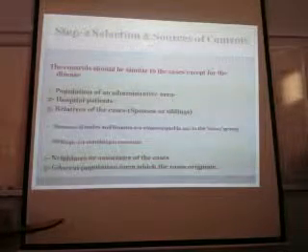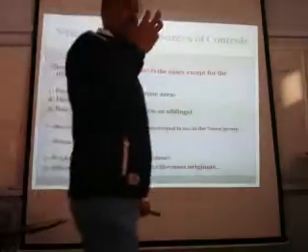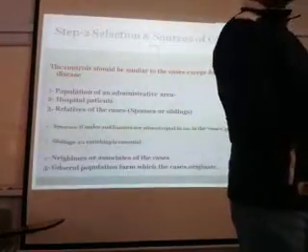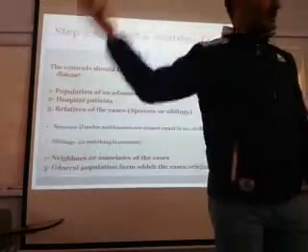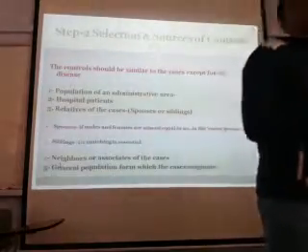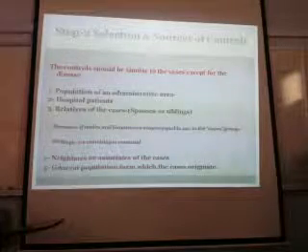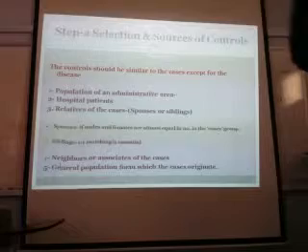Now, the controls. This is a very important step, because the controls and the cases should come from the same population. The cases come from a defined population, and I have to understand the level of exposure to this risk factor in the population that gave rise to these cases.